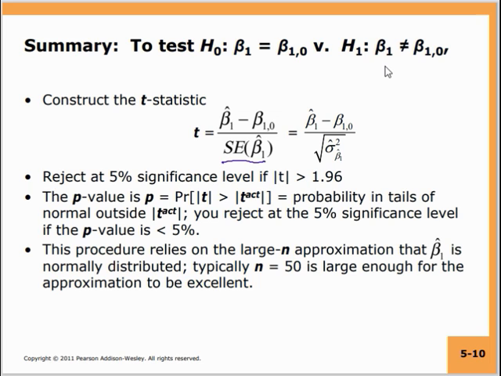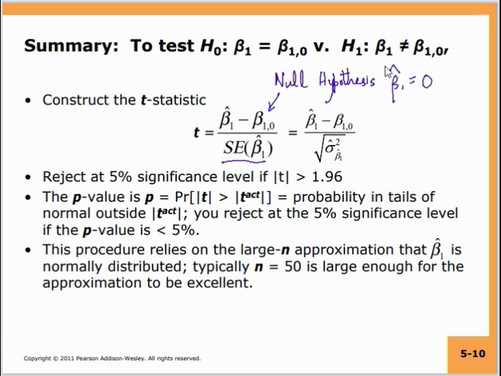Your t-statistic, which incidentally your software will also give you, will be the estimated beta 1 hat minus the hypothesized value, which, if it is not stated otherwise, is usually that the null hypothesis is beta 1 is equal to 0. This is the null hypothesis.